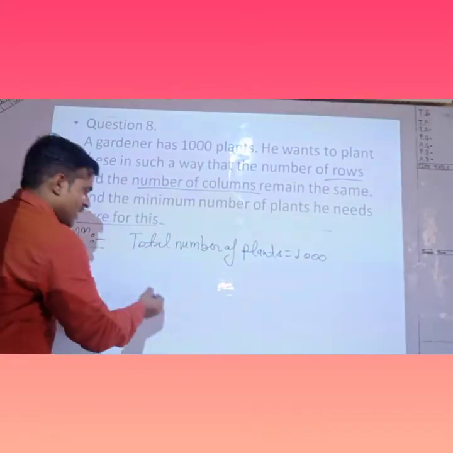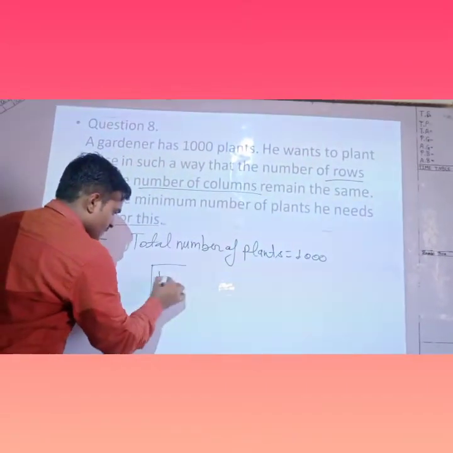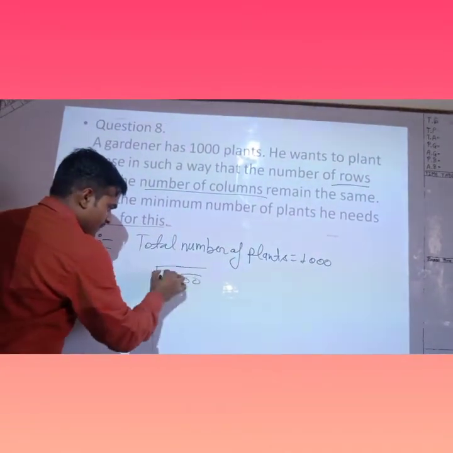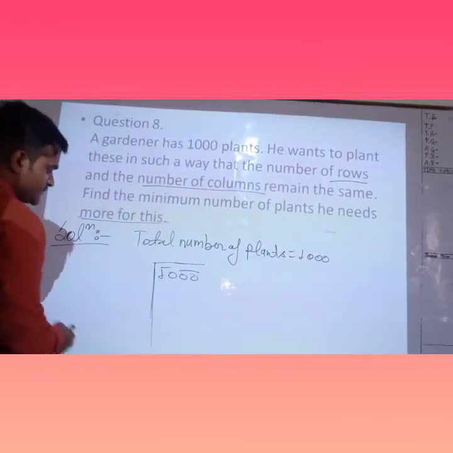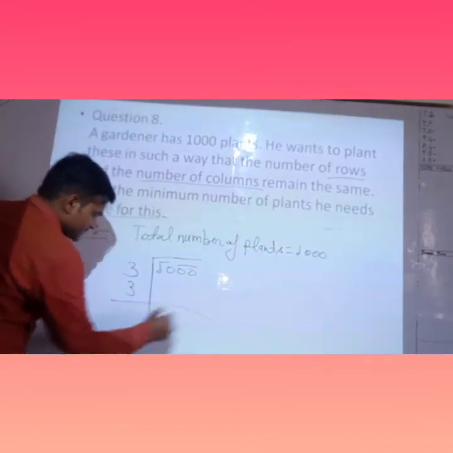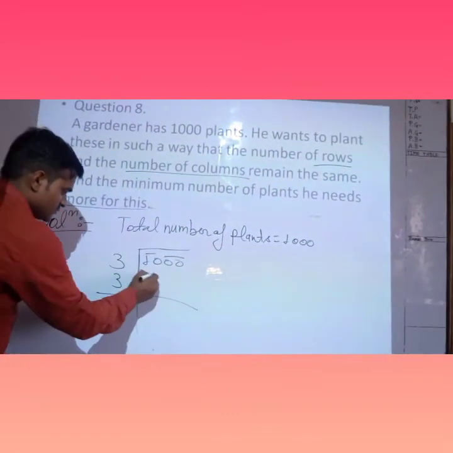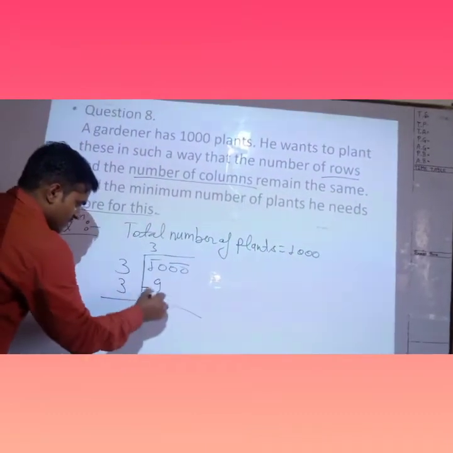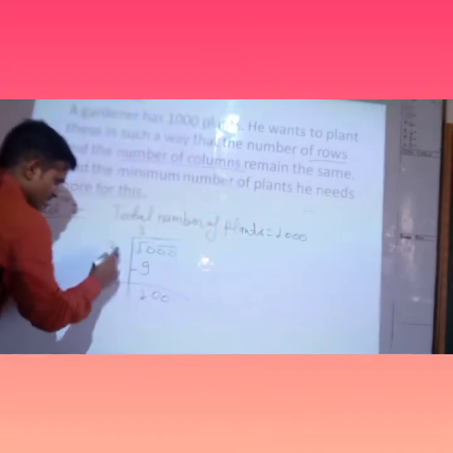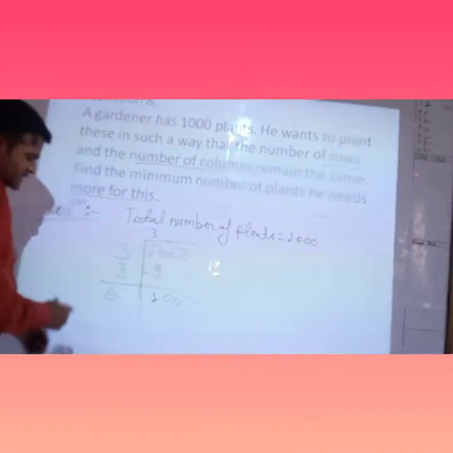Okay, so how do we find it? Let's see. 1,000 is there. Make pairs from the right hand side. This 3, because 3 3s are 9. There is 3. Subtract it, we get remainder 1. Now we take the pair 0 0. So 3 plus 3, that is 6.